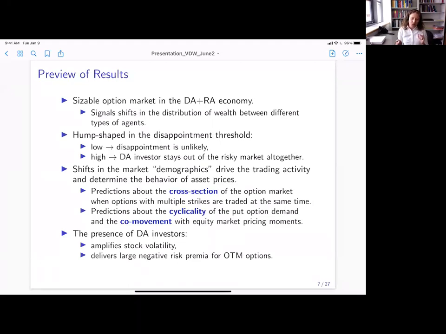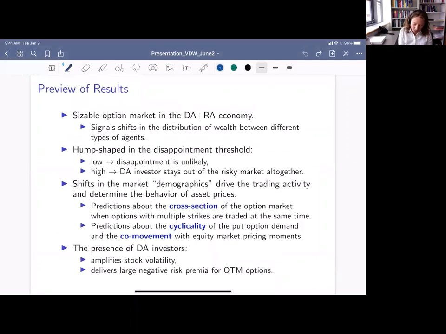And so the shifts in wealth distribution between different agents will, of course, drive both the trading activity and the behavior of prices. And so we have here interesting predictions about the cross-section of the option market when we allow for options with multiple strikes. There will be predictions about the cyclicality of the demand itself, and also about the cyclicality of the price quantity relationship on the option market.